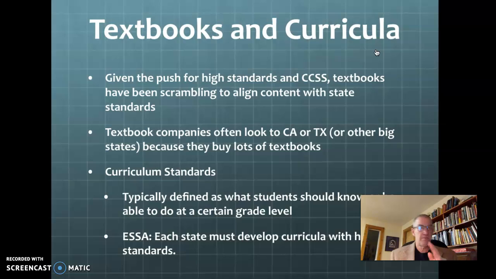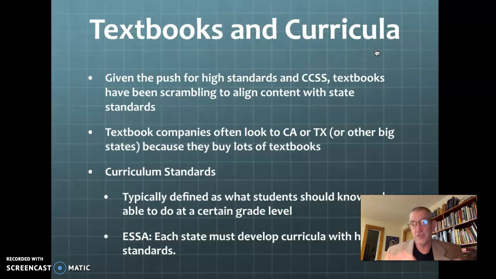So if you want the latest and greatest biology text, 10 to 1, it's going to have the same outcomes and the same expectations that the state of California has adopted, or the state of Texas has adopted, or some influential ones like Massachusetts and New York.